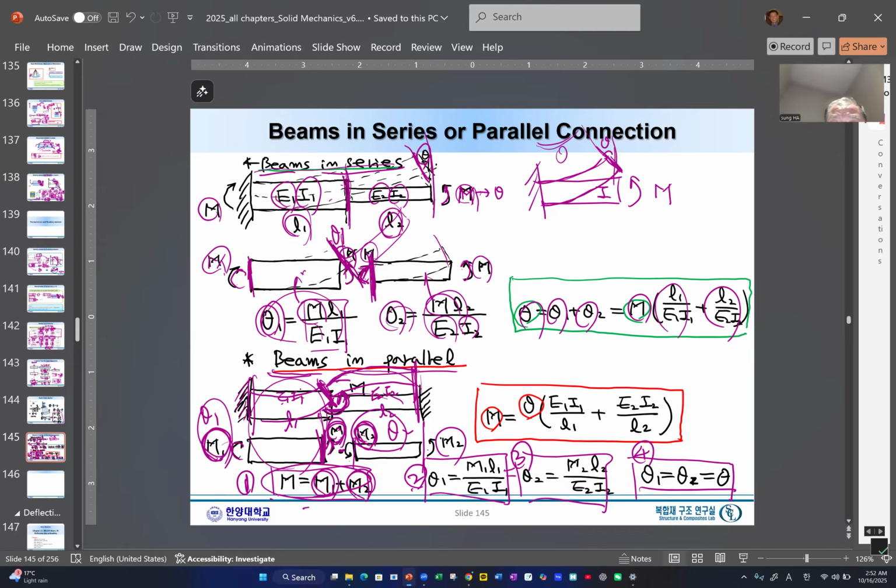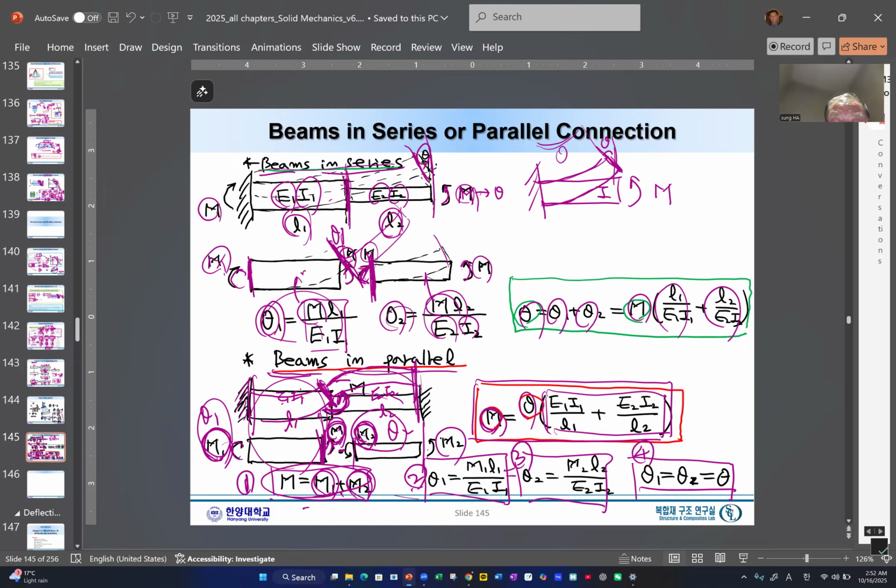Anyhow, we combine this and we get this equation. So moment and theta, and simply we get E I1 divided by L1 and so on. So these are the four equations, and we get this.